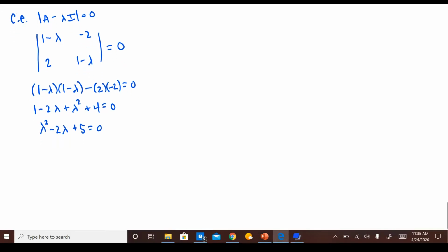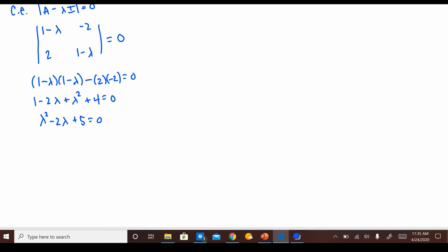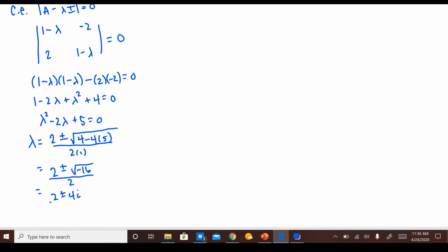This quadratic cannot be solved by factoring, so we can go ahead and apply our quadratic formula. We'd end up with lambda equals negative b plus or minus the square root of b squared minus 4ac all over 2a, or inside parentheses there, notice we have 4 minus 20, which gives us negative 16. Square root of negative 16 is 4i.